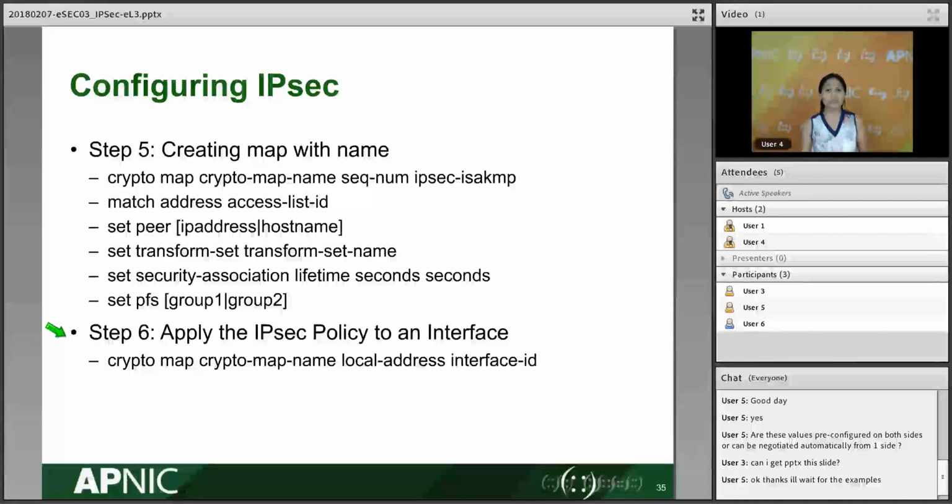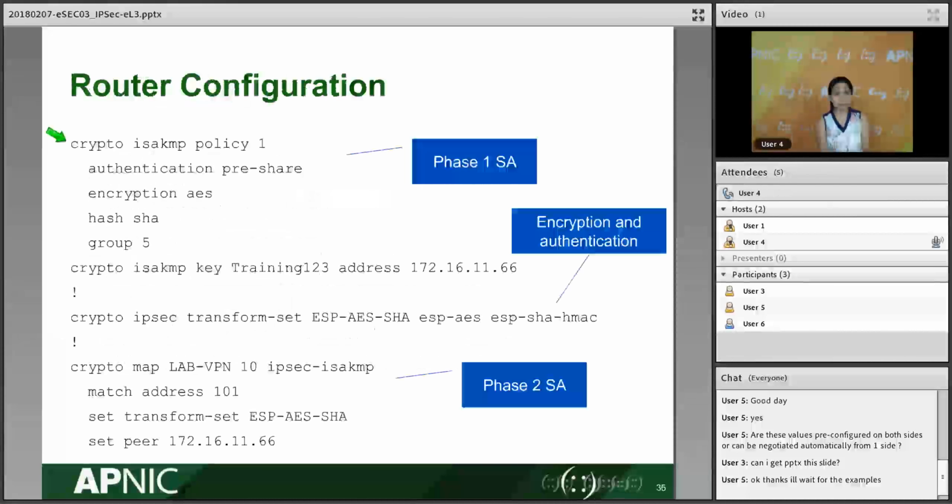And then the last part, which is equally important, is you have to apply the policy to an interface. Let's look at this example here.